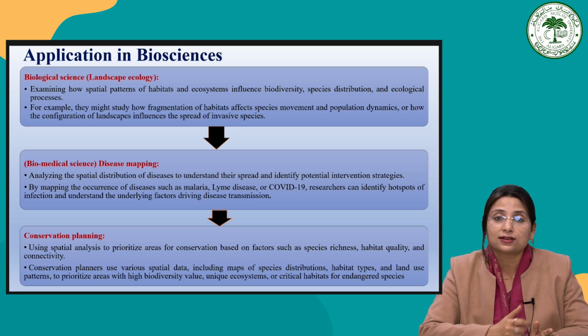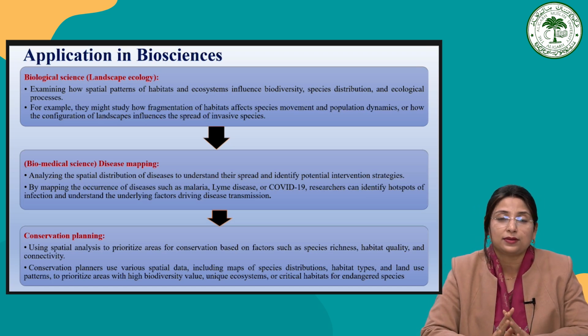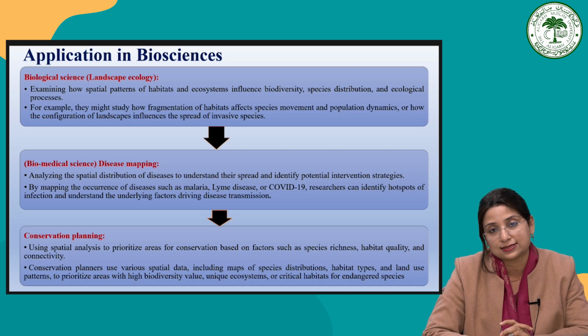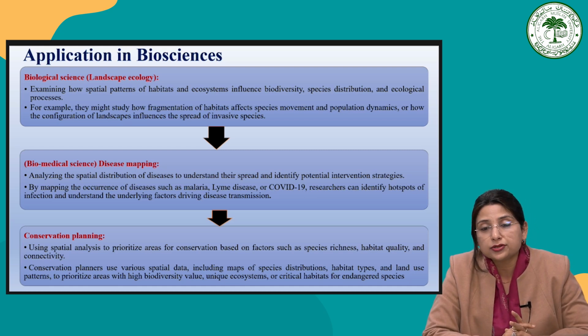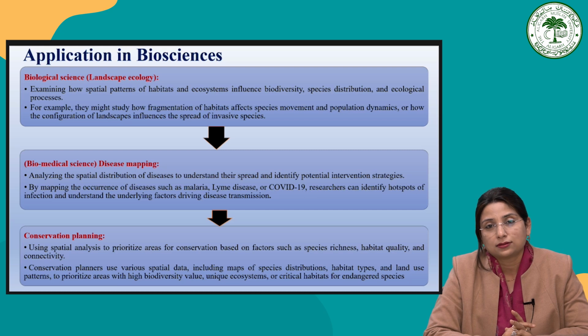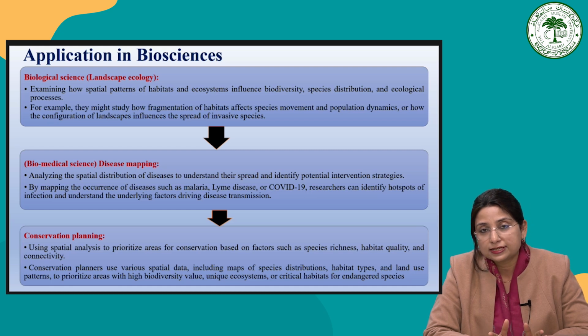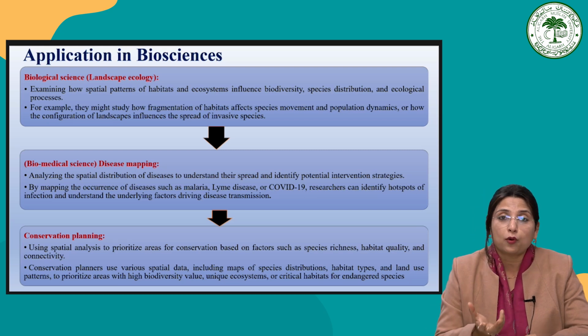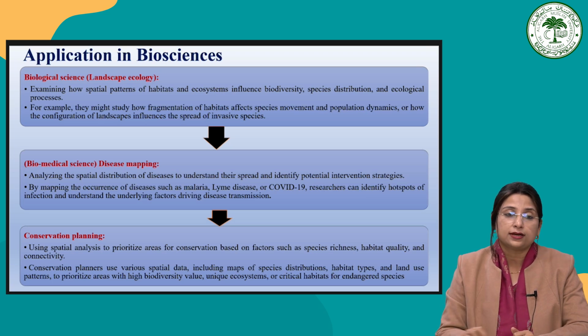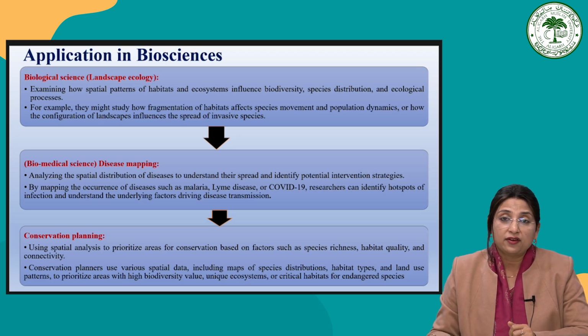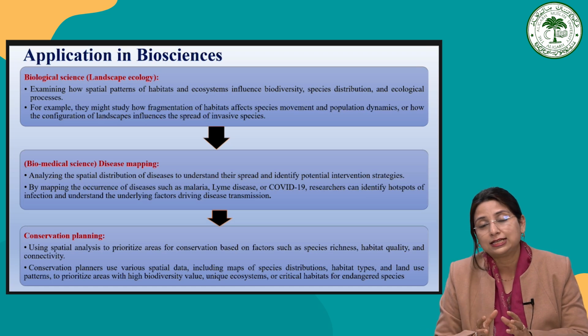Finding out the risk factors of diseases, everything can be analyzed through spatial analysis. By mapping the occurrence of diseases, such as malaria, dengue, encephalitis, or even COVID-19, we can identify the hotspots of infection, and why a certain spatial unit is behaving as a hotspot of a certain disease.